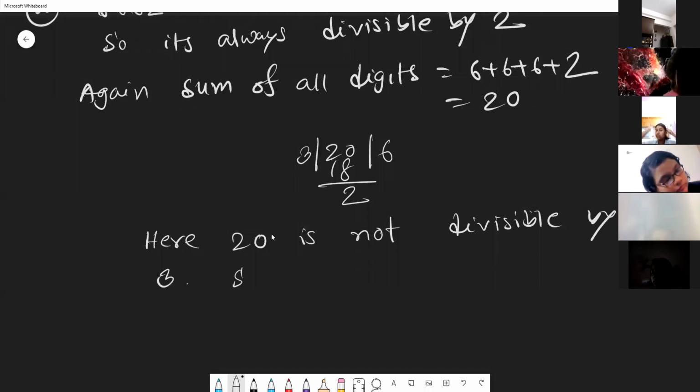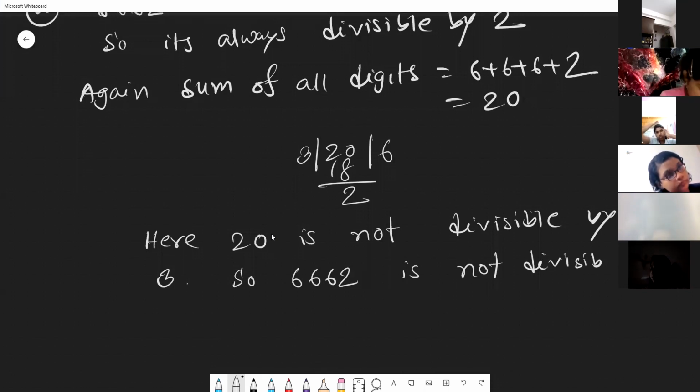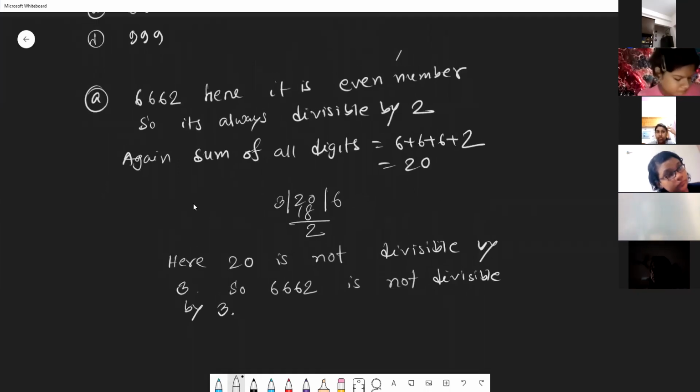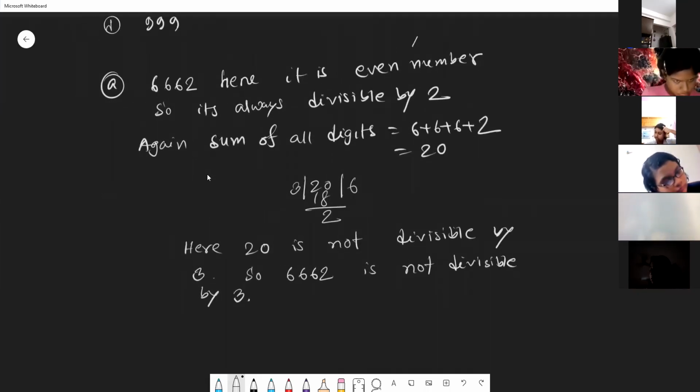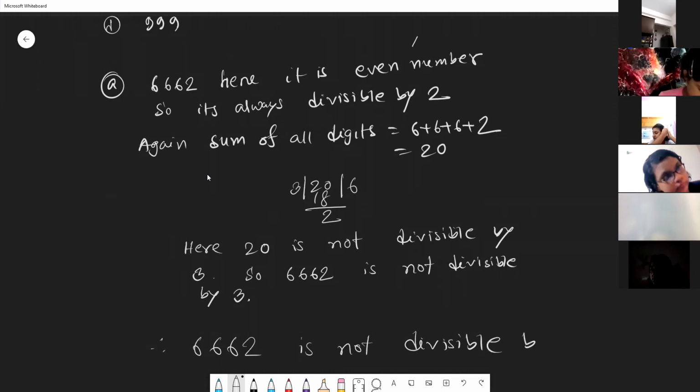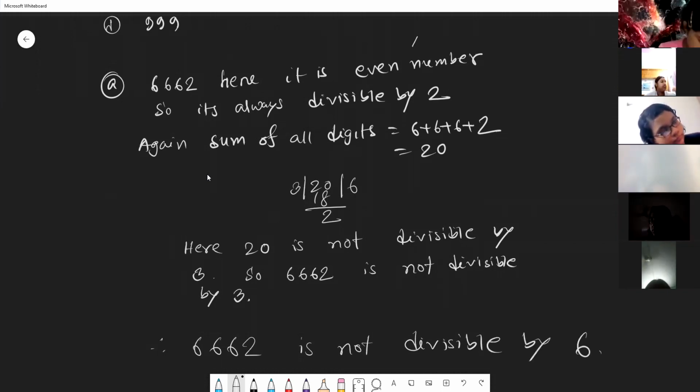So 6, 6, 6, 2 is not divisible by 3. In the first option, the number is divisible by 2, not by 3. Finally we can say 6, 6, 6, 2 is not divisible by 6. So this first information is right.